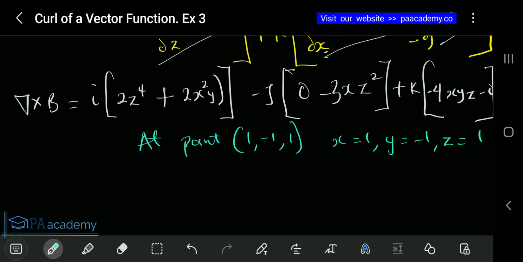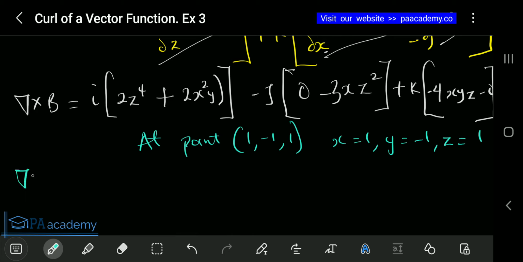Are we good? Let's say the question did not give us any points. That means we would just stop here, and this is our answer. The only difference is we'll just rewrite it without the 0 and without the 0 here. Are we good? But now we are given the point 1, -1, and 1. All right, so let's do that.